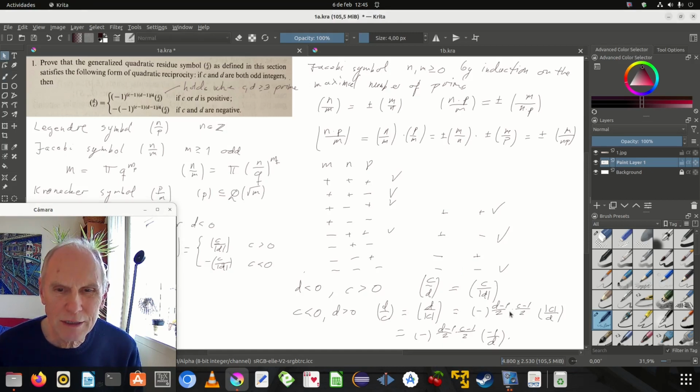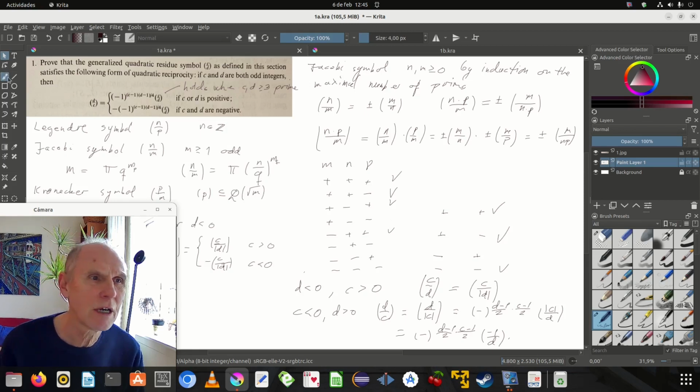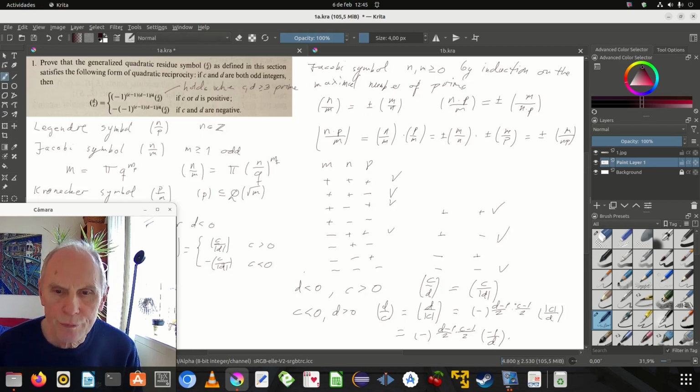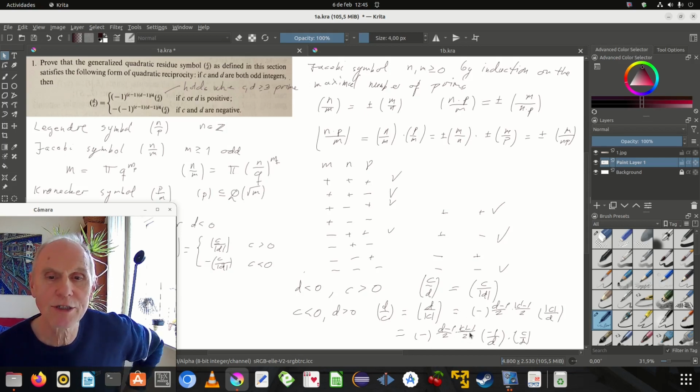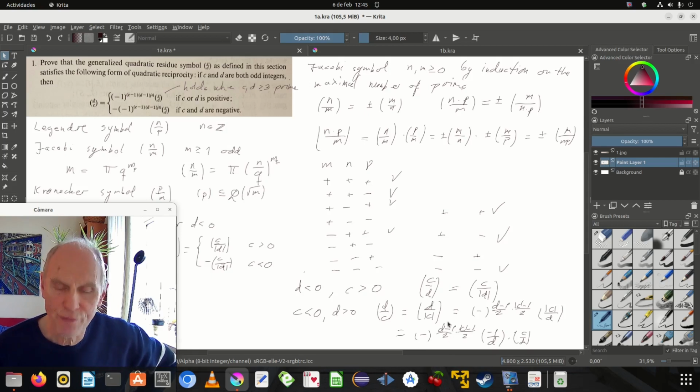Now this should be the absolute value of c. And that means that this changes sign, or rather changes parity, if this is odd. So if this is even, nothing happens.